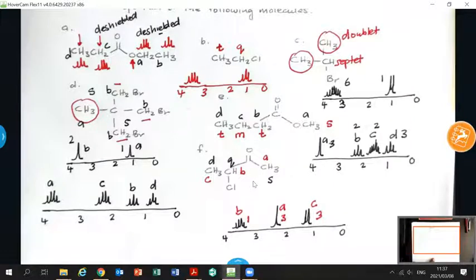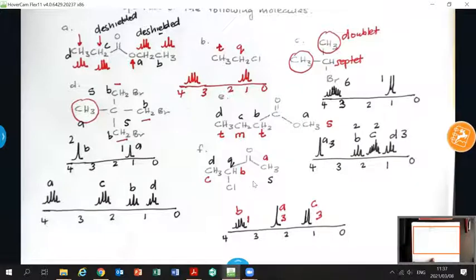And you saw that in every case where you had an electronegative atom 2 bonds away from the proton, the resonances were shifted to about 3 to 4. If I had the electronegative atom 3 bonds away from the proton, the resonance was shifted to around 2 point something, on the other side of 2, between 2 and 2.5 or so. So that's the effect of having an electronegative atom 2 bonds away and 3 bonds away.